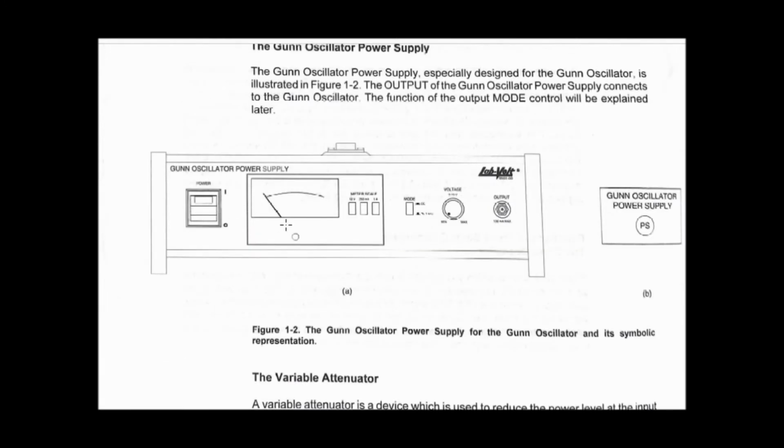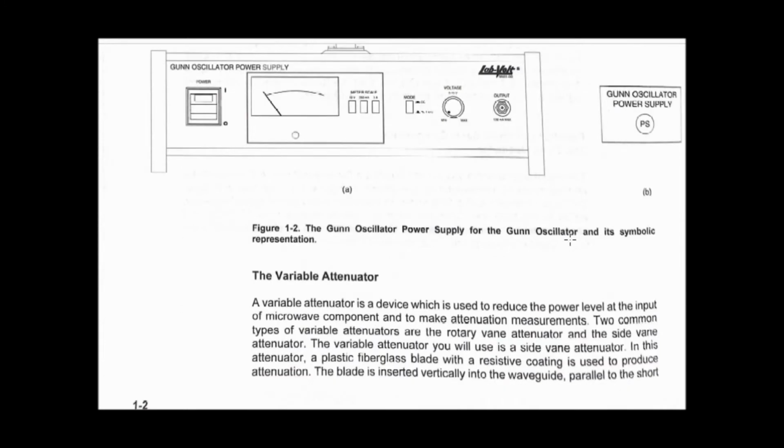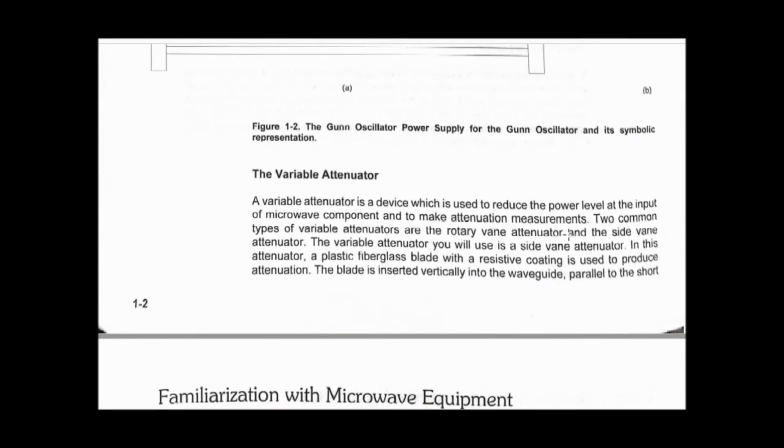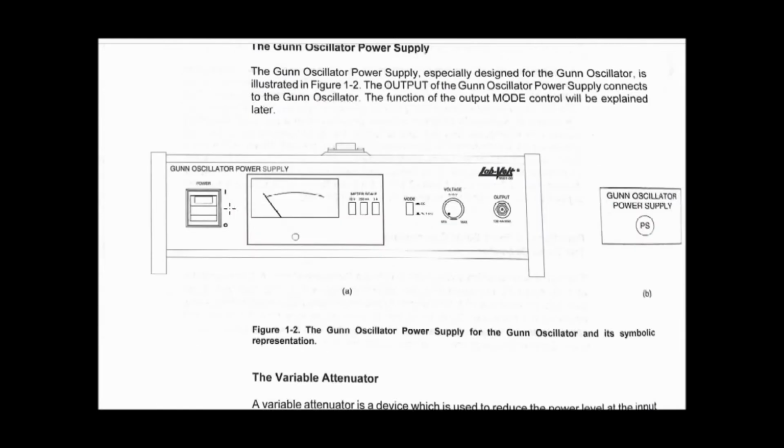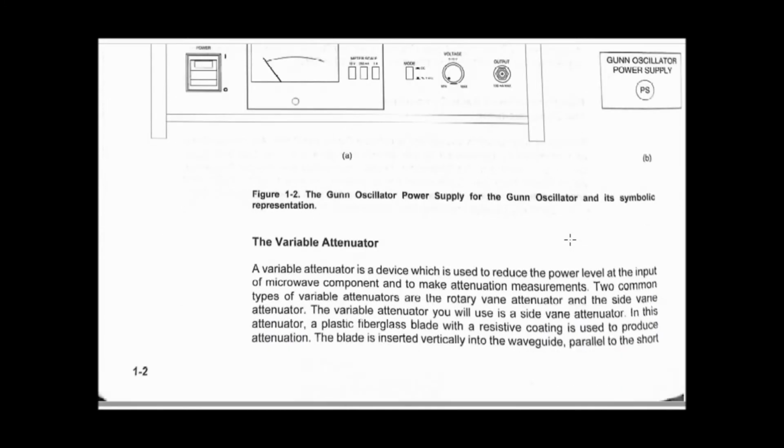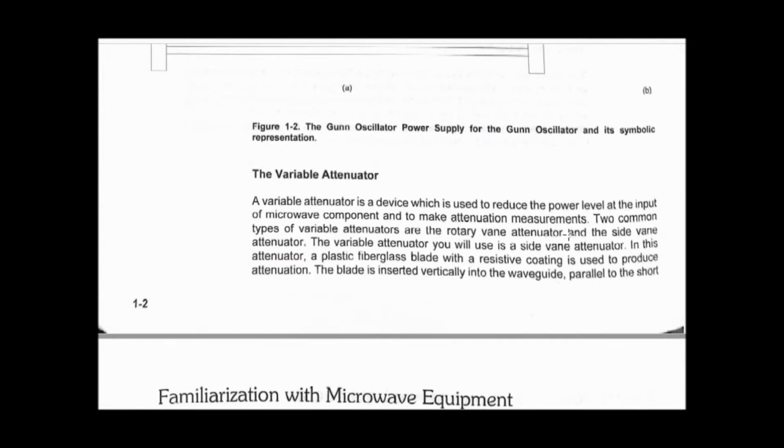The front panel consists of an on-off switch, a voltage indicating dial, and some knobs for controlling the voltage range. It also shows the port where the GAN oscillator should be connected.